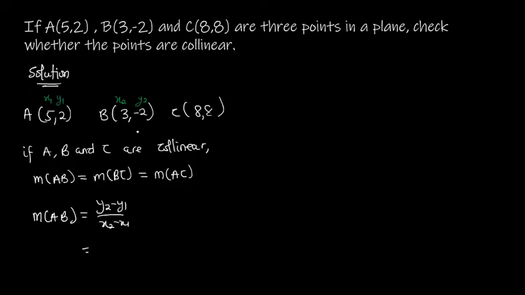So this is equal to my y2 is -2 minus my y1, which is 2, on my x2, which is 3, minus x1, which is 5. So this is equal to -4 at the top on 3 minus 5 will give me -2, and this cancels this, so I have here 2 as my gradient. Alright, so let's go ahead and calculate the gradient of B and C.